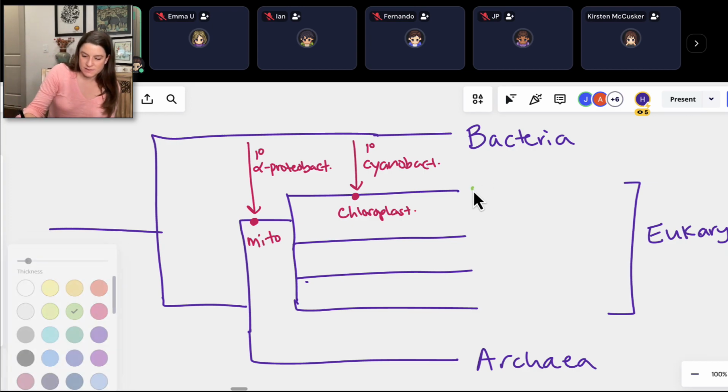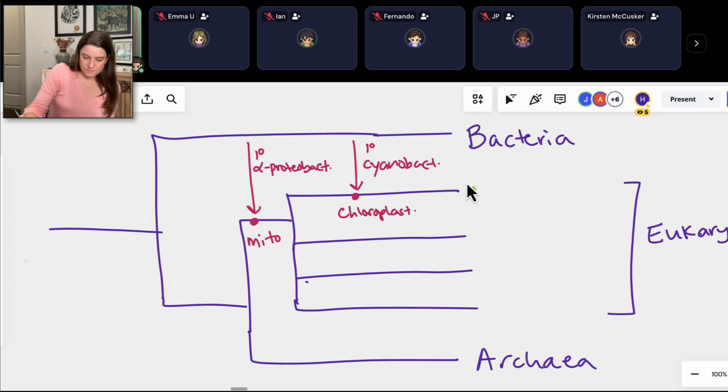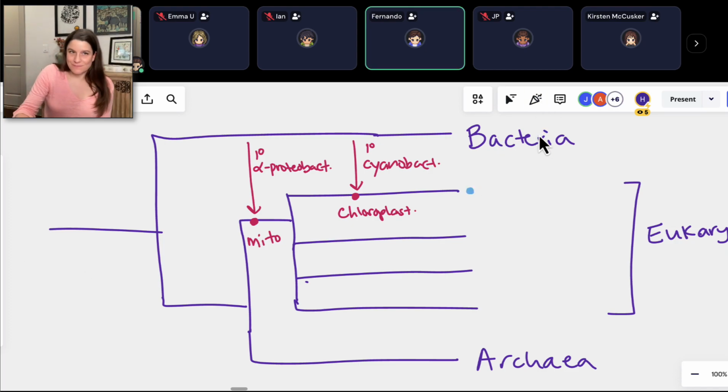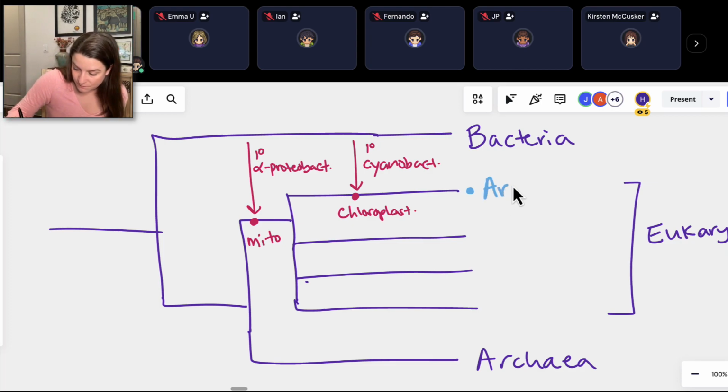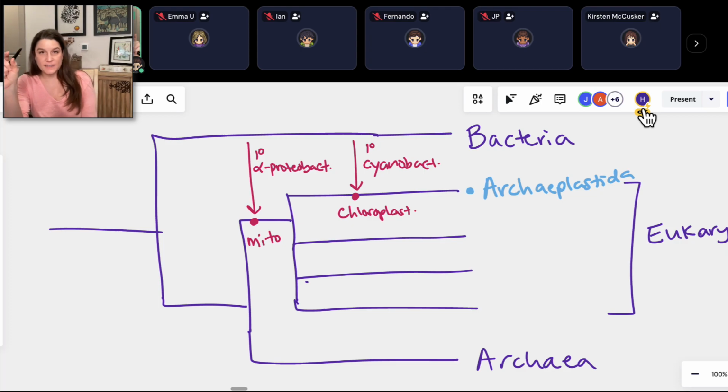Who should I put on this top line up here? Archaeplastida, good, because it means ancient plastid, meaning ancient chloroplast. So it's the one that got the chloroplast from the first time chloroplast arose. That's how you can remember that. Good. Archaeplastida group. That's the group with the glaucophytes, the red algae, the green algae, and the land plants, or embryophytes, which then you'll branch out to there too.